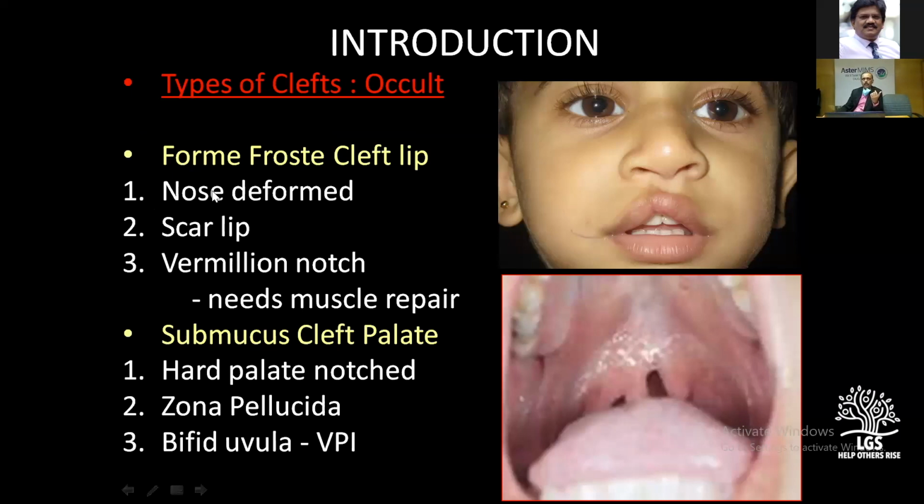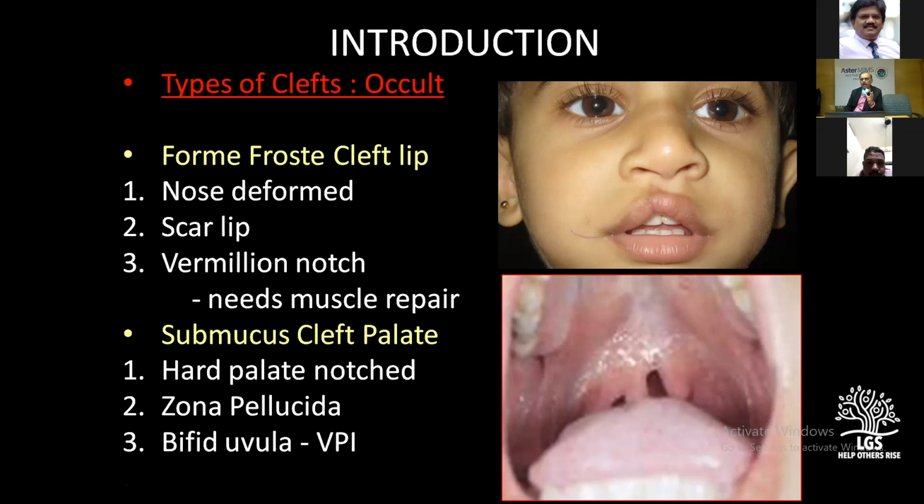And then, to confuse things, you have suboptimal or not full-fledged expressions of the cleft. It's called a forme fruste of the cleft lip. What does the term mean? Forme fruste means an incomplete expression of a whole.